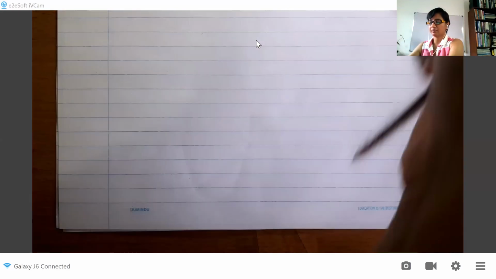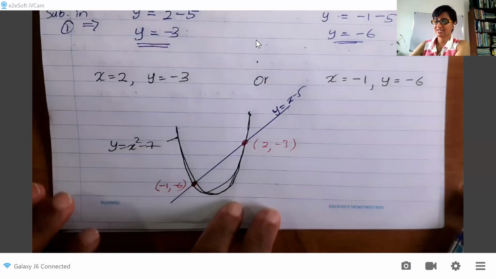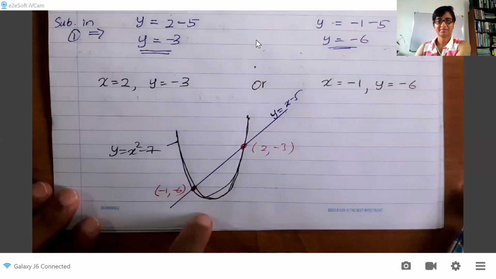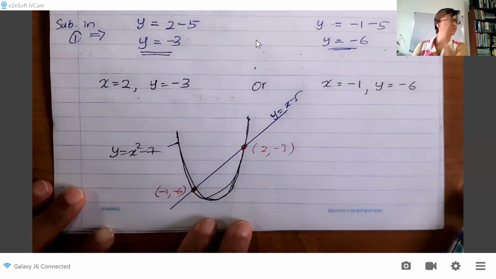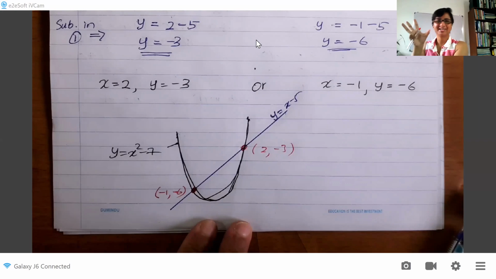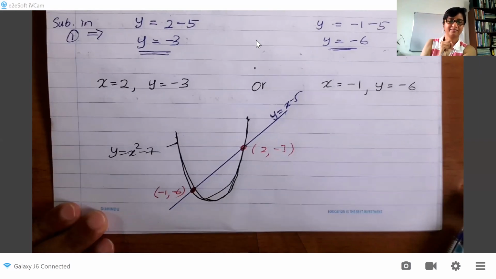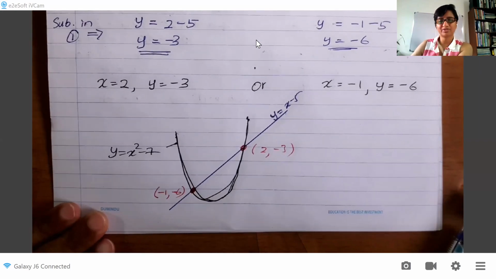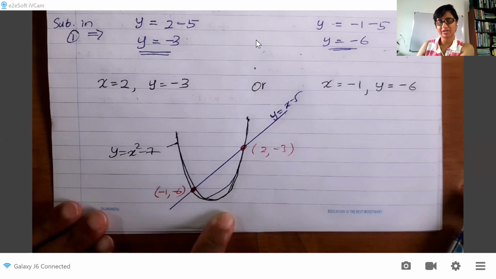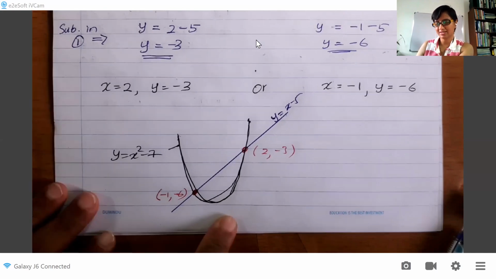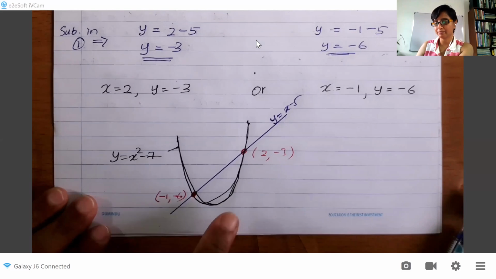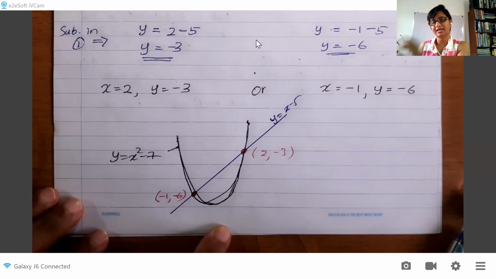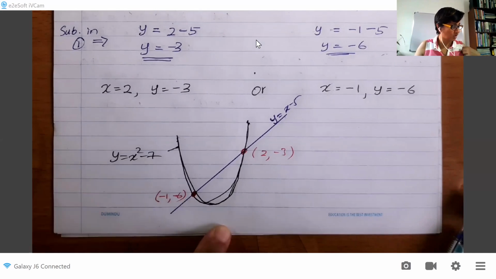In coordinate geometry, which is your next topic, this is what you are learning, where algebra and geometry come together. Okay, so if you think this diagram is helpful, just sketch it and keep it. It'll make better and better sense as we go along the topics.